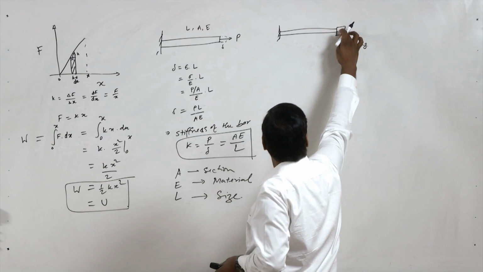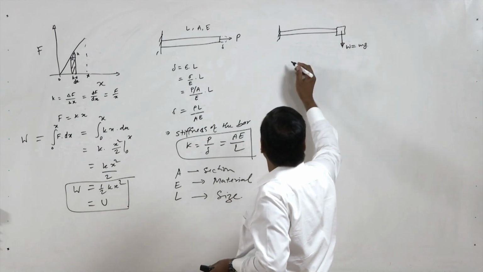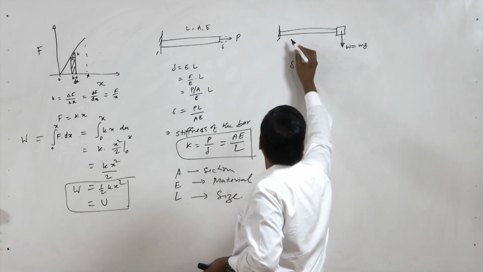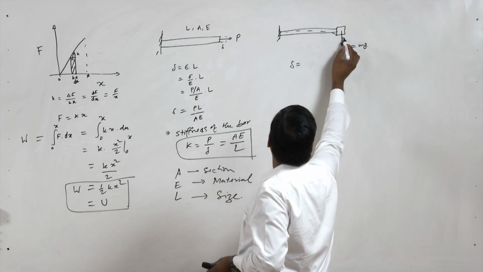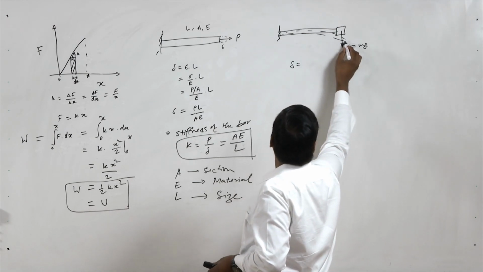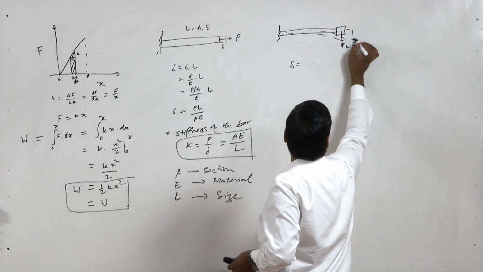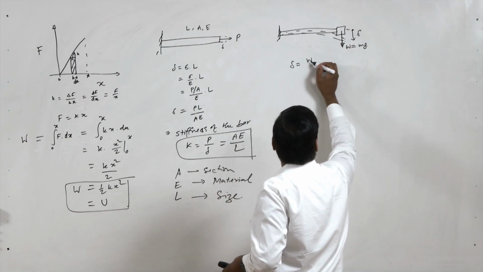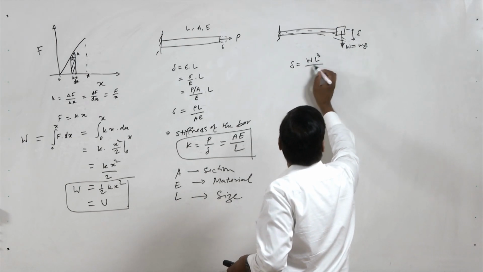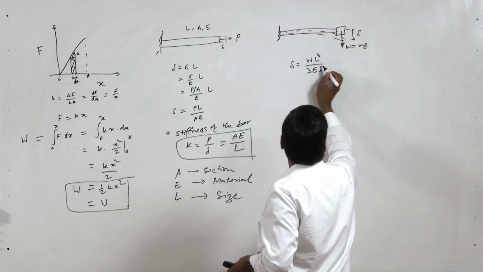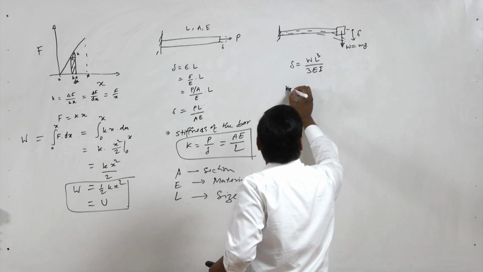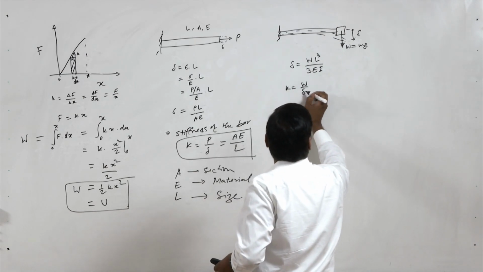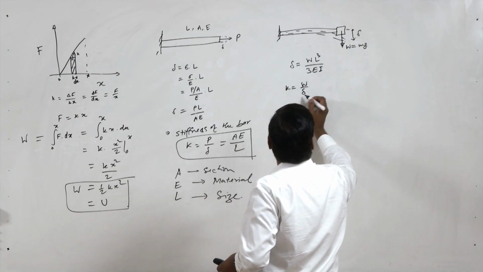We know that if there is some force applied at the end, the deflection delta equal to force into L cube by 3EI, and so K equal to W by delta, force upon deflection.